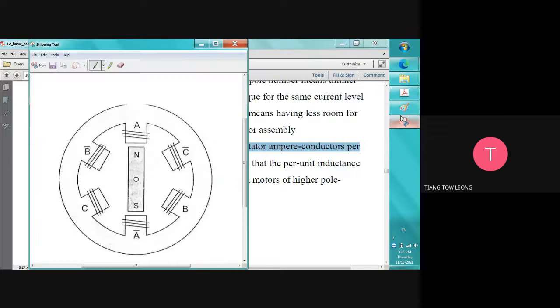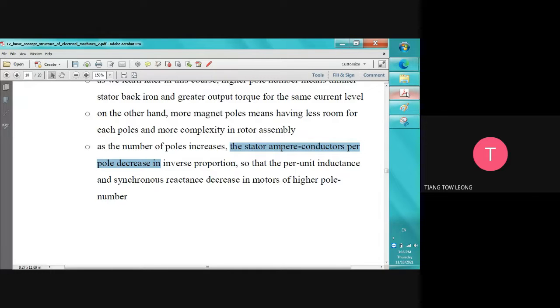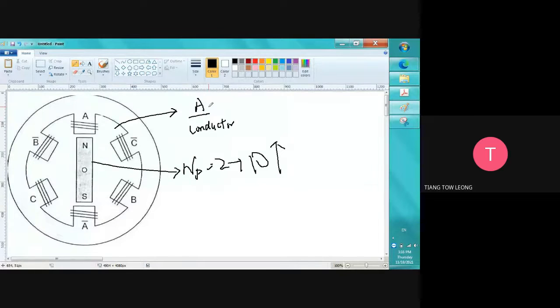This one is called stator ampere conductor. Per what? Per pole. It will be decreased. Later I explain this one.